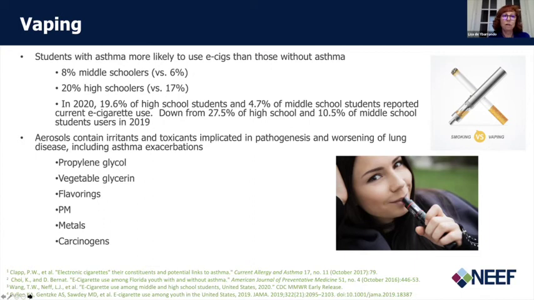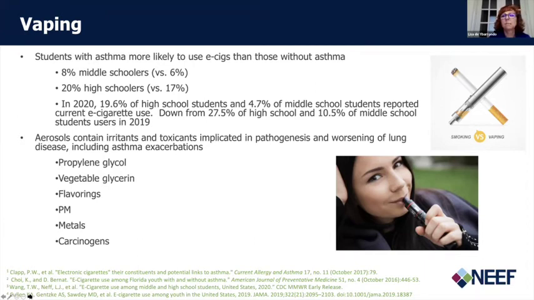And then you have probably all heard of EVALI, the e-cigarette and vaping associated lung injury directly due to vaping products, mainly associated with THC, but it has been associated with other components as well. Back in 2019, we had multiple kids in our ICU on ECMO.